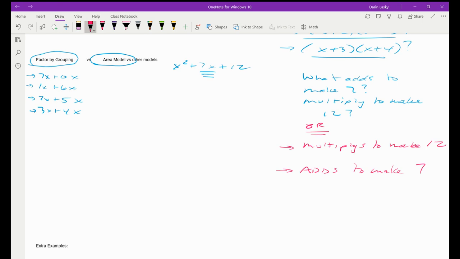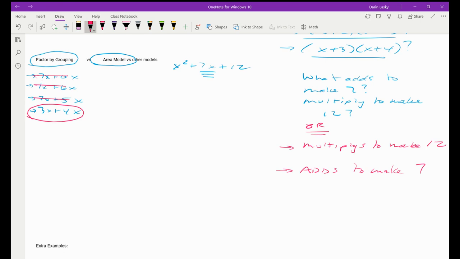So let's look over here. 7 times 0 is 0. 1 times 6, that's 7. Doesn't work. 2 times 5, that's 10. It doesn't work. 3 times 4 is 12. And 3 plus 4 is 7. So that satisfies our rule over here.